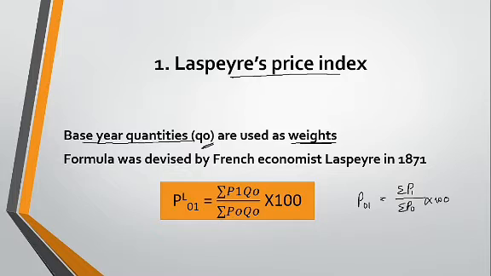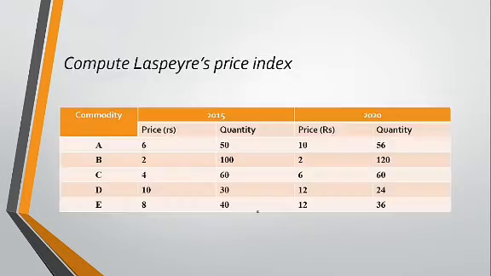So when I ask what is the formula for Laspeyres price index, it is the price of the current year multiplied by the quantity of the base year, divided by the price of the base year into the quantity of the base year. I can explain this with one small problem.